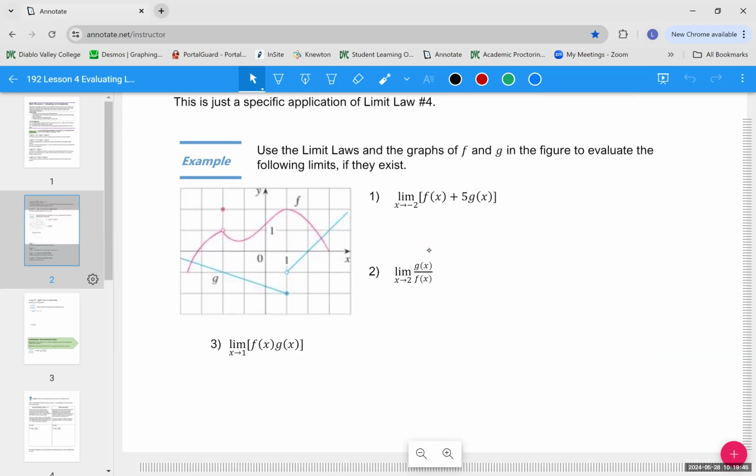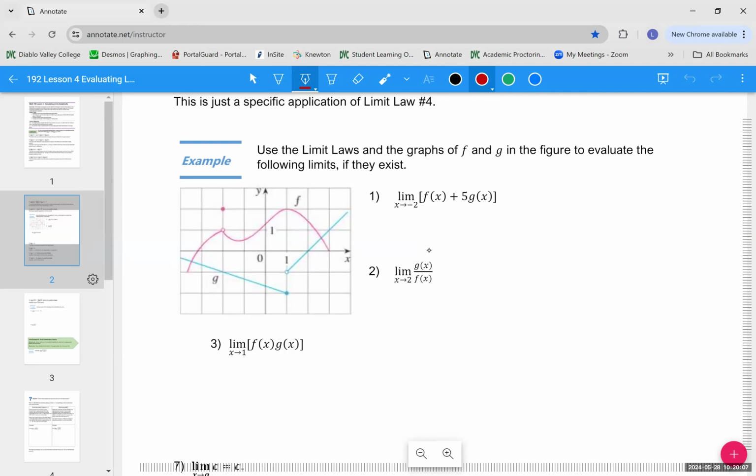So there's a quick example, just kind of outlining a few of the laws that we've just talked about. I have some graphs, f and g, and we are going to try to evaluate the various limits that are listed here. So the first one is asking us to do the limit as x approaches -2.